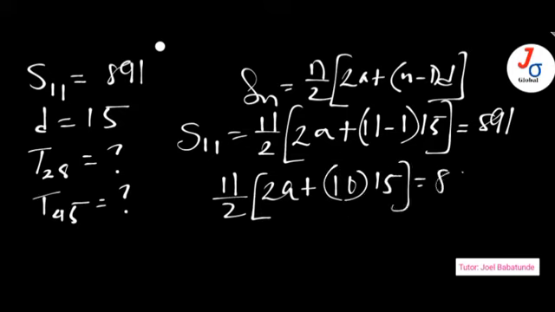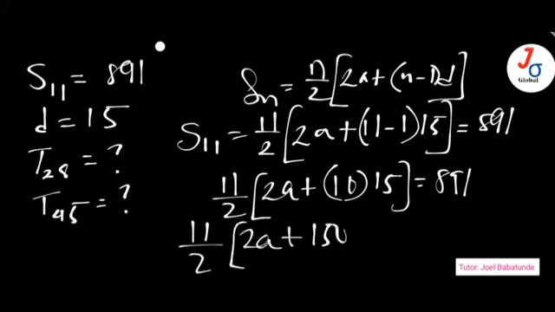Okay, so therefore I can say 11 over 2 into 2A plus 10 into 15, close up the bracket, and that gives us 891. I'm saying that 11 over 2 into 2A plus 150 equals 891.